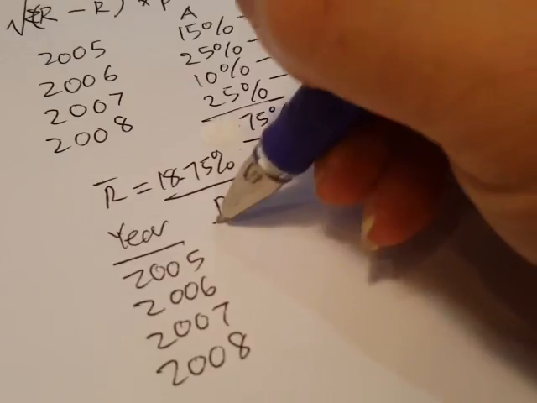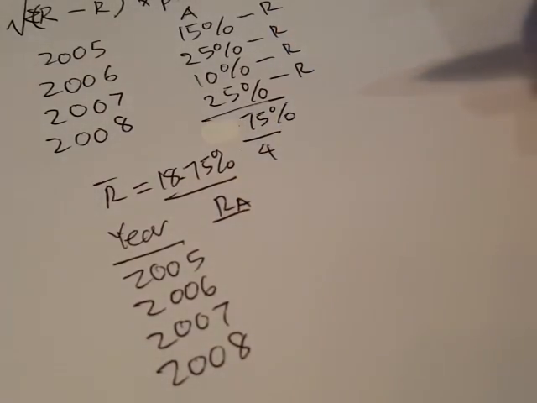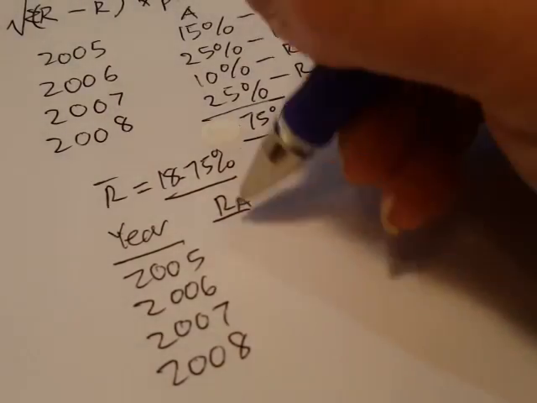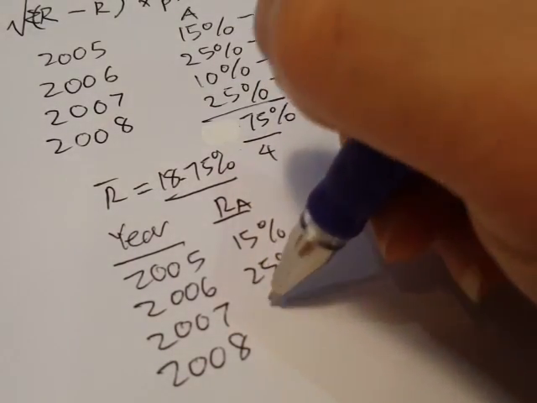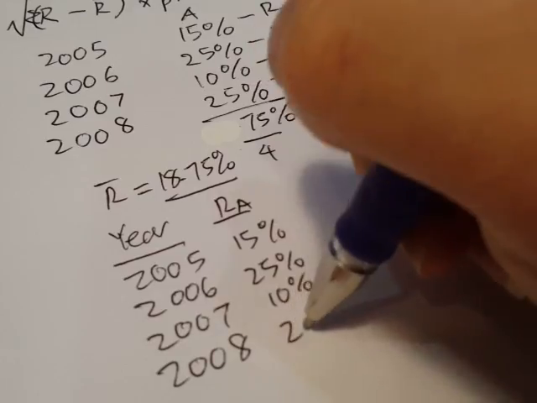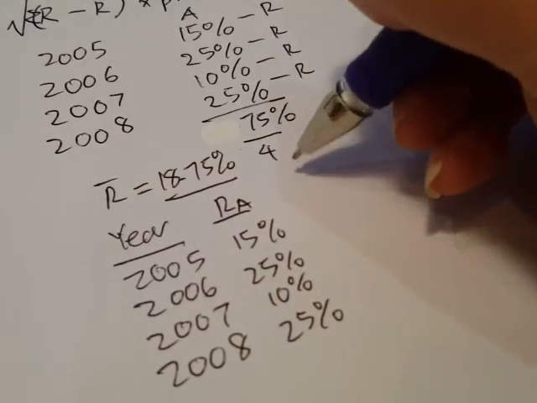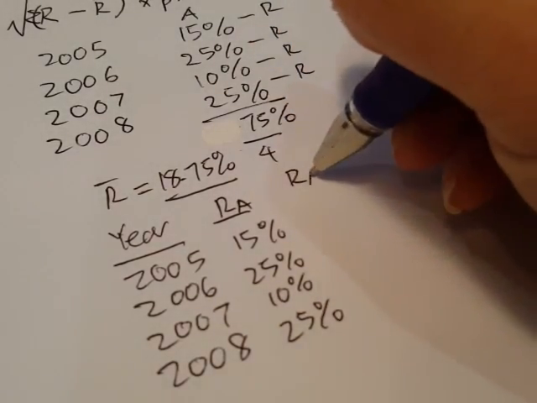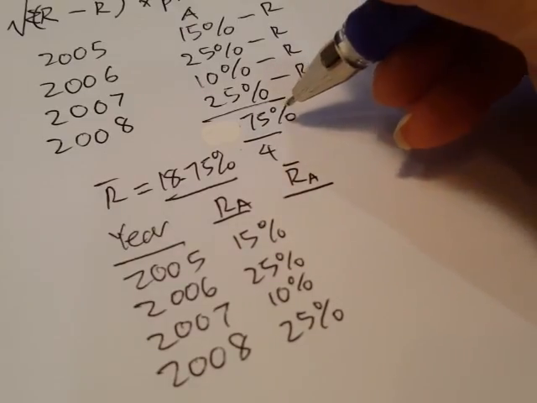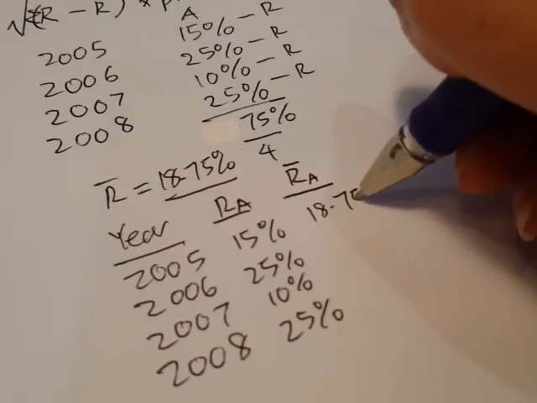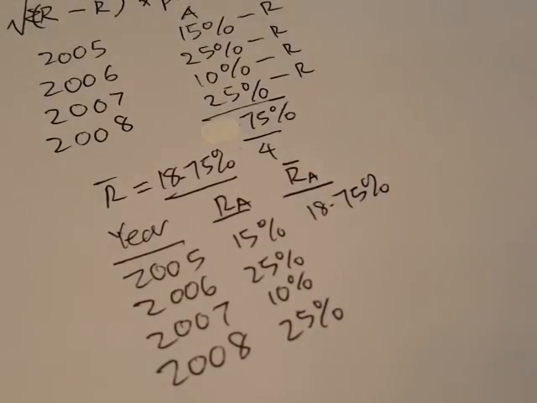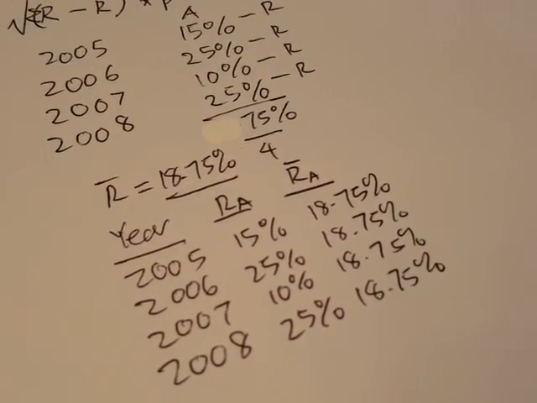Return for A, this is share A: 15%, 25%, 10%, 25%. Average return for A you calculated is 18.75. So put it inside. That's average return.